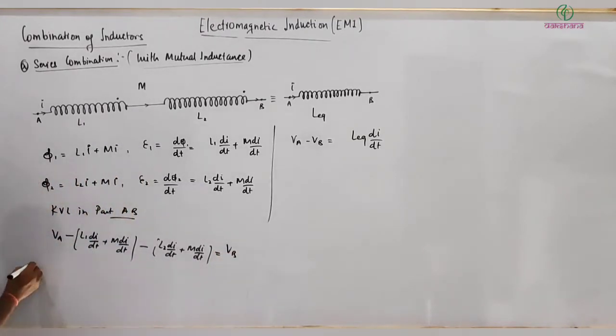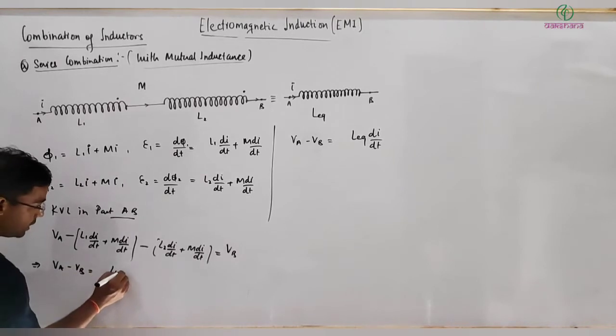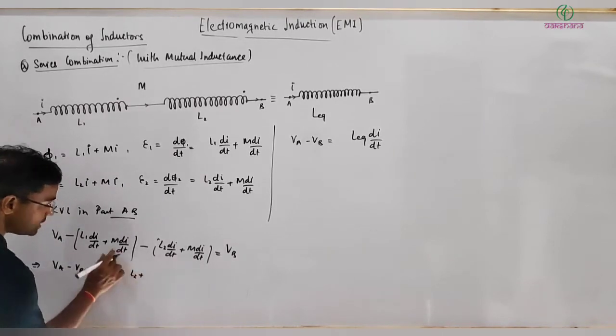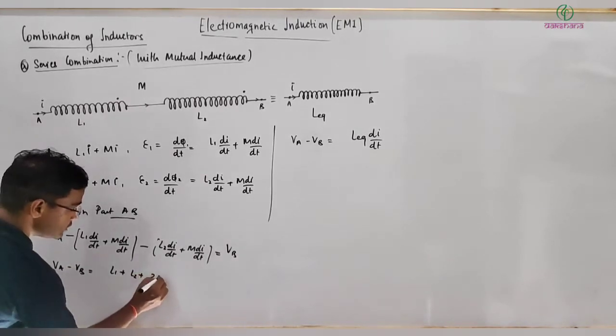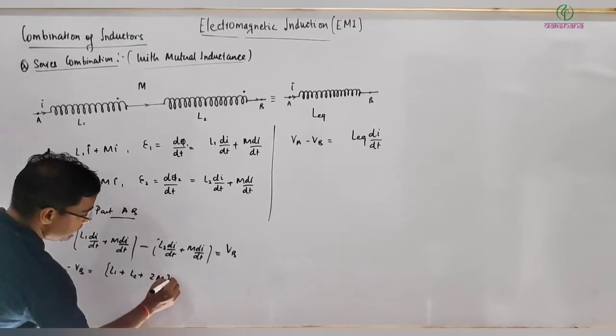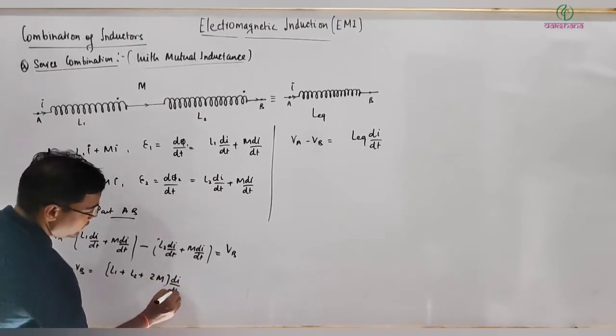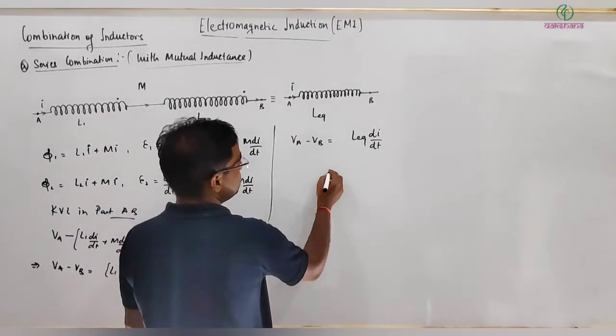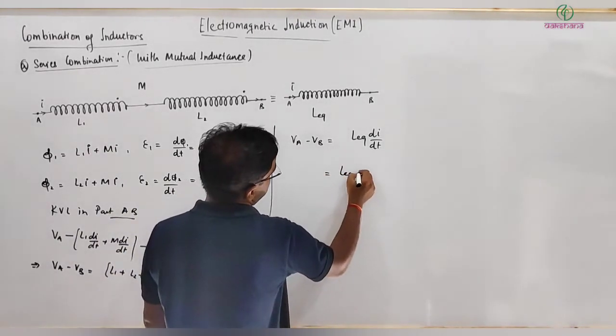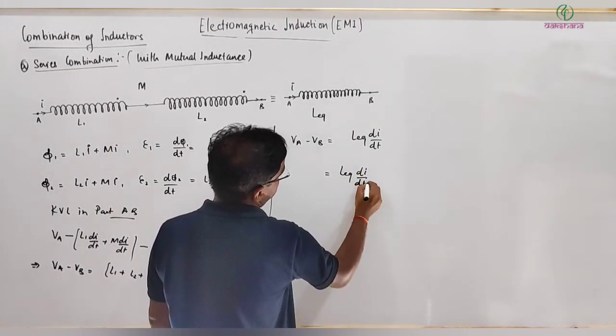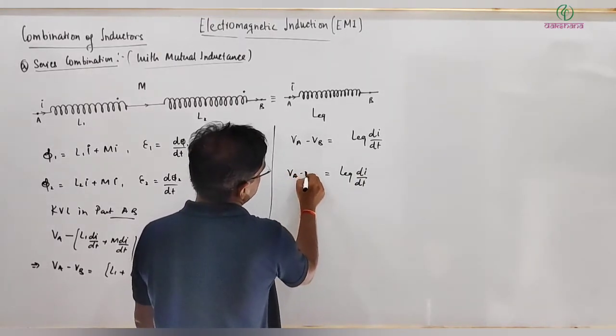So now this implies VA minus VB is equal to (L1 plus L2 plus, if I just add both of them, 2M) whole multiplied by di by dt, and here we are simply getting L equivalent into di by dt. So this is VA minus VB.